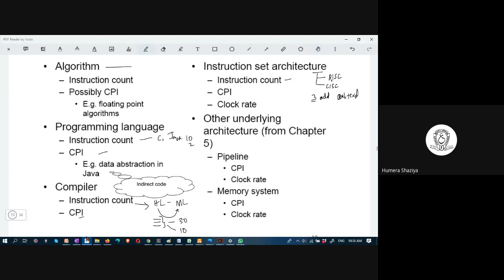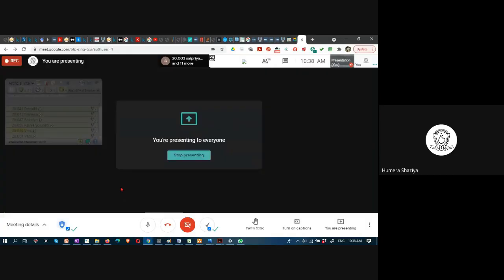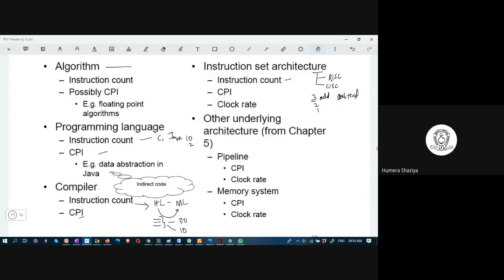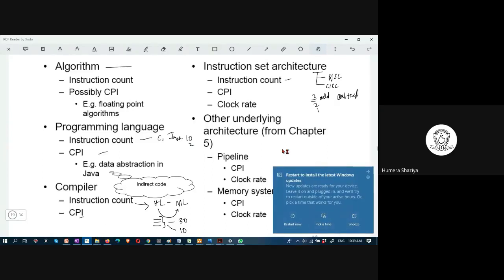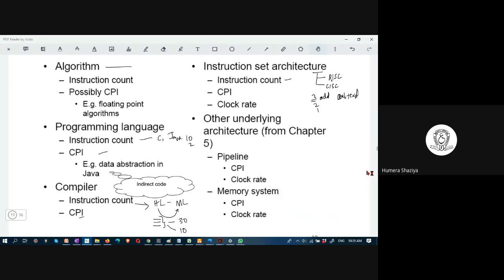If there are two address instructions, this would take perhaps 6 instructions. If there is only one, it would take 9 or 10 instructions. So this architecture also has an effect on the performance. Cycles per instruction would also reduce if you have fewer instructions.